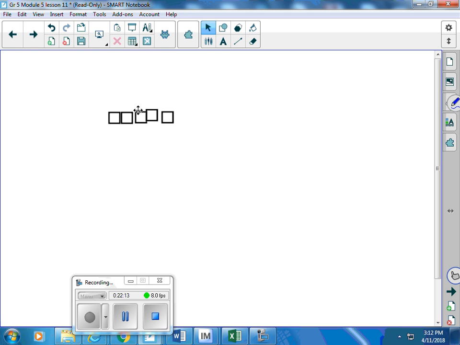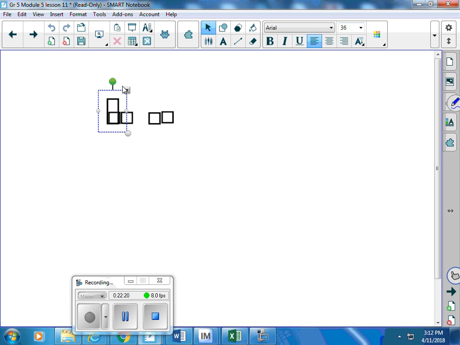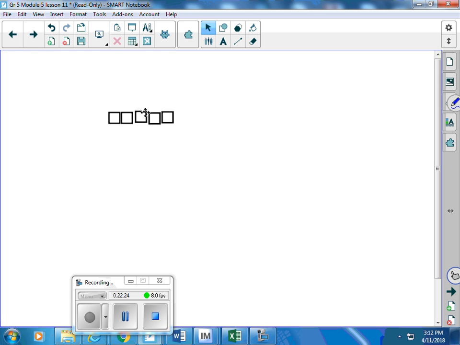And then she's going to make 3 rows of that. Whoops. Whoa, what happened there? Well, I thought I was going to clone that. Nuggets.